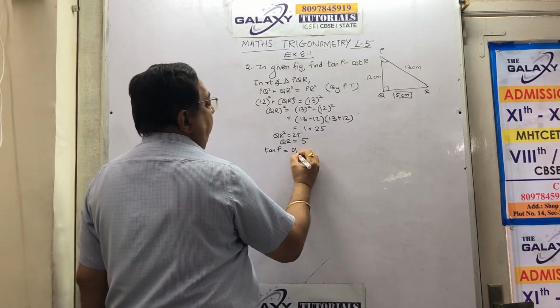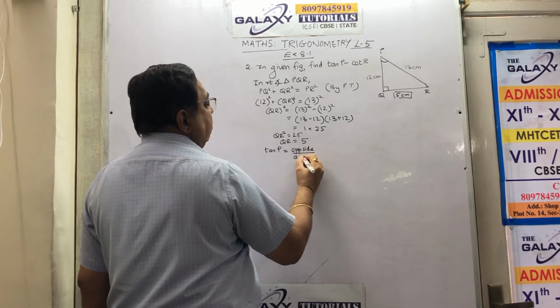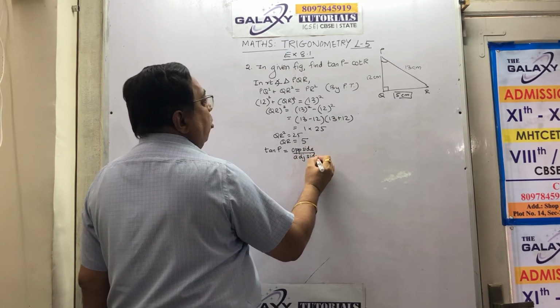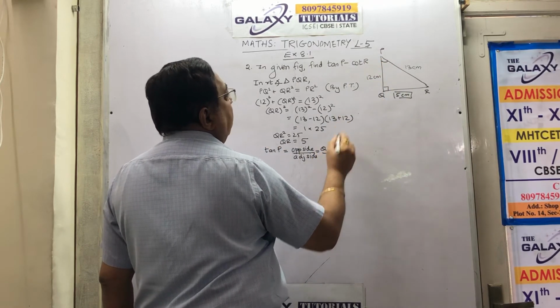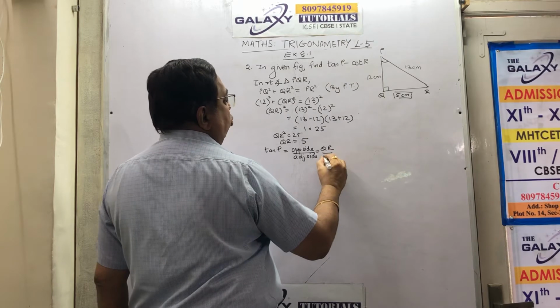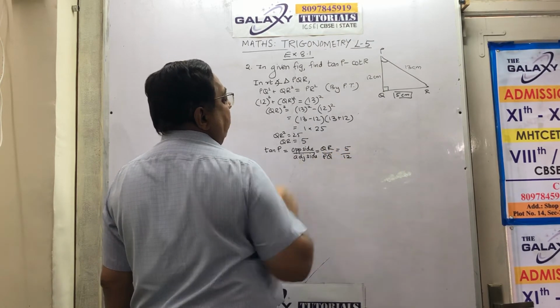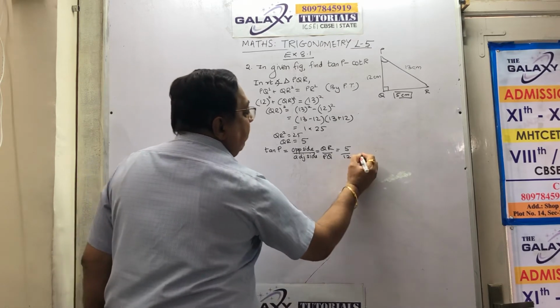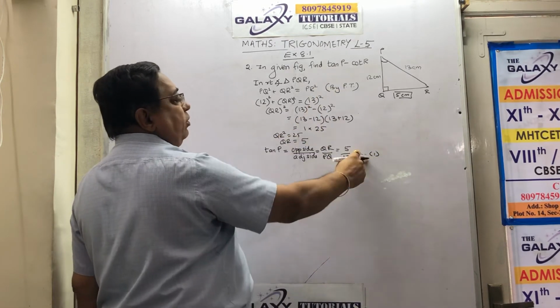Tan is opposite side of P divided by adjacent side of P. Opposite of P is QR. Adjacent is PQ. QR is 5, PQ is 12. So this is my first raw material ready, or my first term which is ready, which I will substitute.